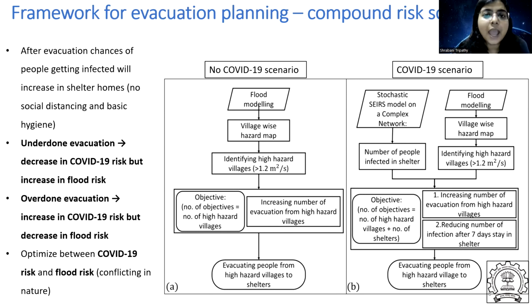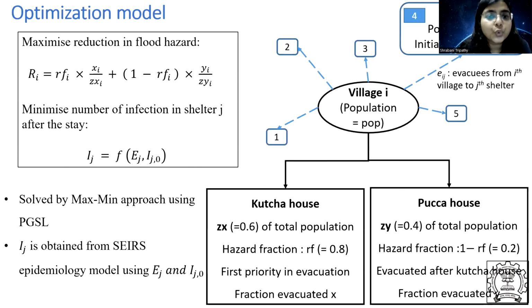That's why we have proposed a multi-objective optimization model, which uses two objectives. First one is to maximize the reduction in flood hazard in each village, and the second one is to minimize the number of infections in each shelter after the flood.